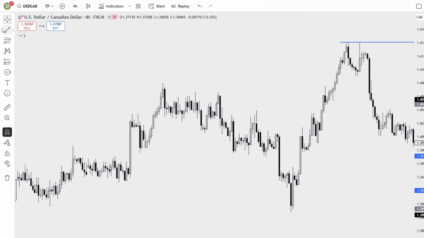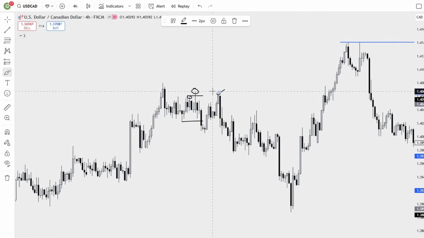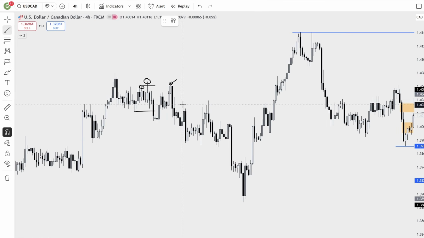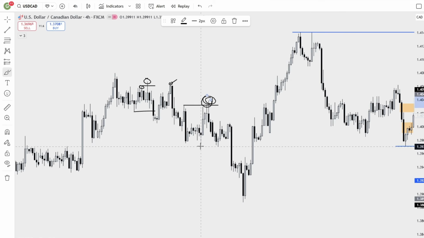Like this, you have here, this is external right now because it broke it right here and purged this liquidity. This is internal liquidity. Didn't purge right here. This here, external liquidity. Purged right here, broke right here.